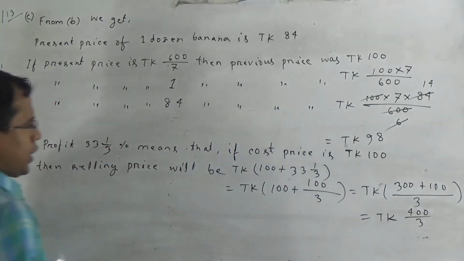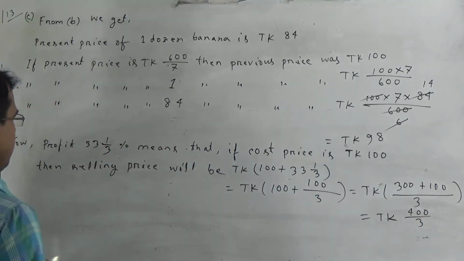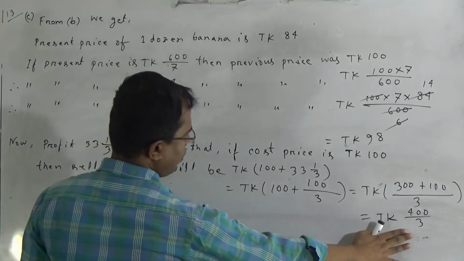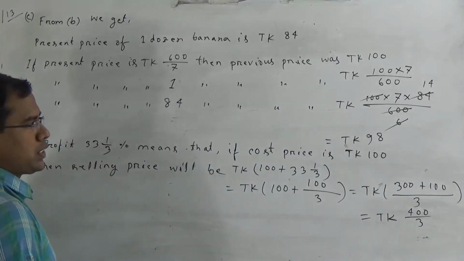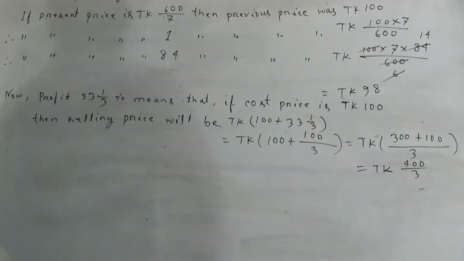Now we can write, if cost price is TK 100, then selling price is TK 400 by 3. If cost price is TK 1, then what is the selling price? If cost price is TK 98, then what is the selling price?